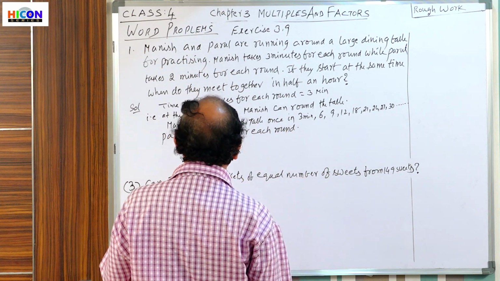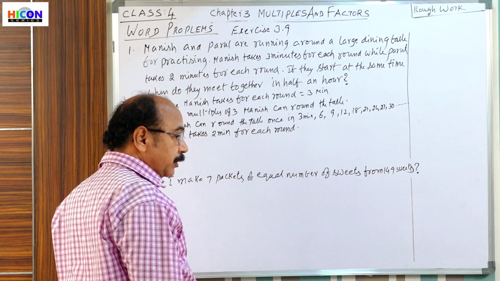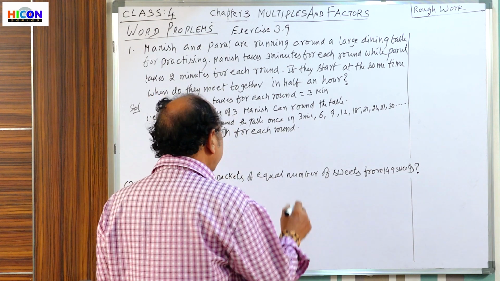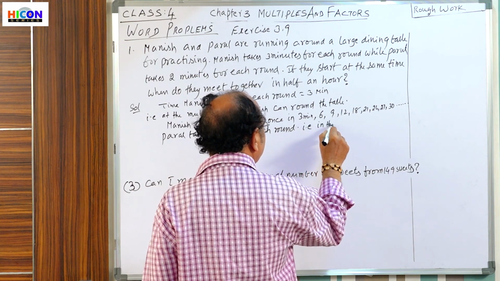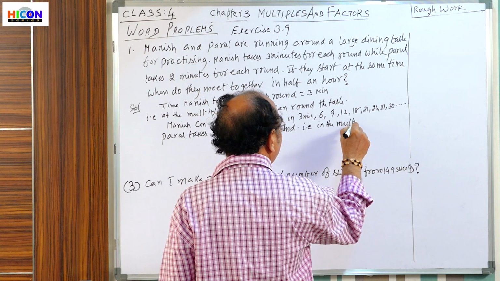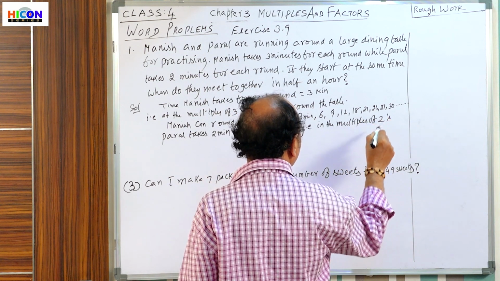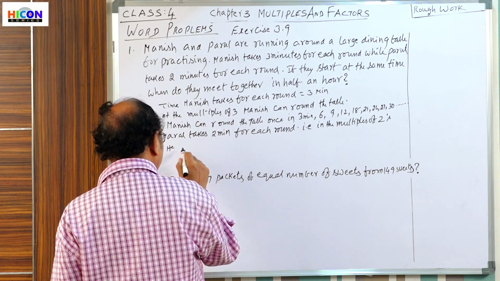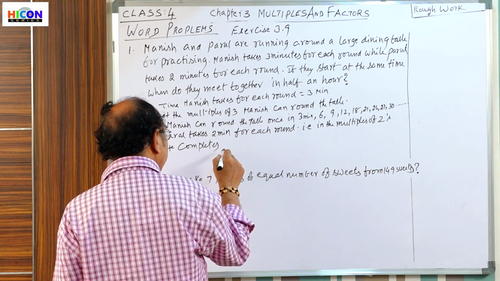That means in the multiples of 2's, he can complete rounds. That is, in the multiples of 2's, he completes rounds.